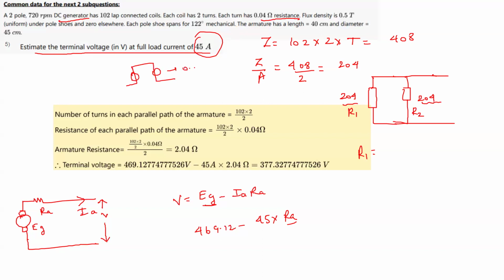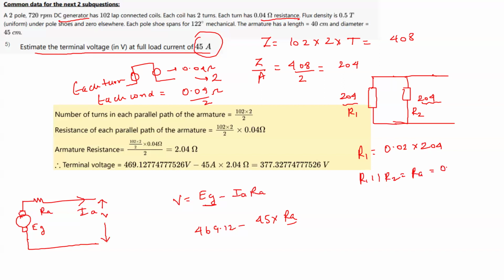So they are saying 0.04 ohm for 2 conductors. So each conductor has 0.04 by 2, so 0.02. So here this is 0.02 into 204. This is R1.